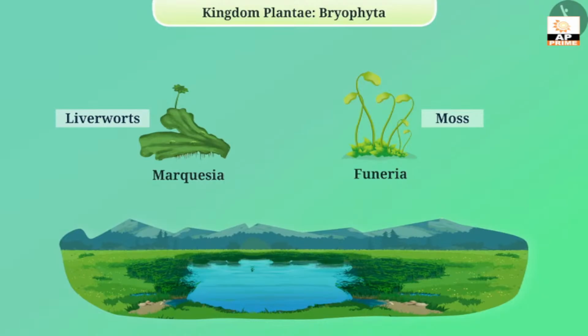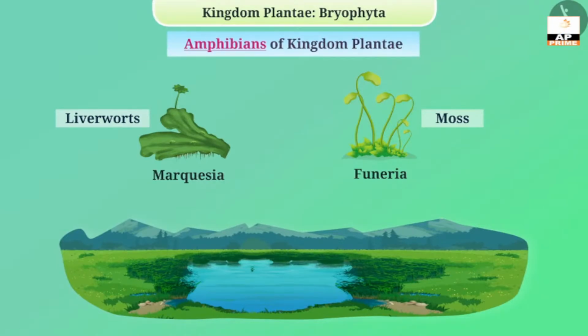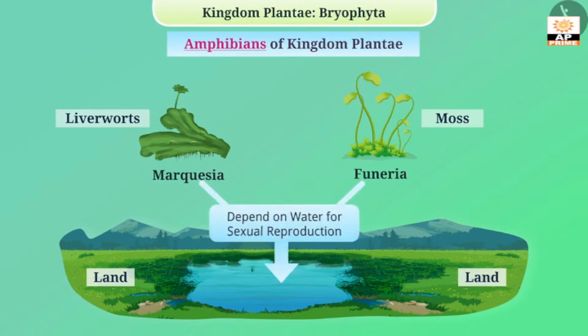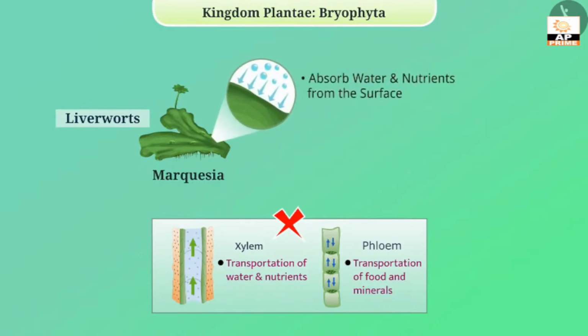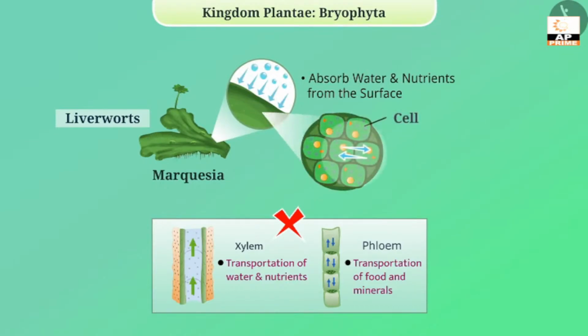Bryophytes are also called amphibians of kingdom Plantae because plants of this class live on land, but for sexual reproduction they depend on water. Their body does not have tissues for conduction of water and other substances from one part to other part. They absorb water and nutrients from the surface and the material is carried from cell to cell.